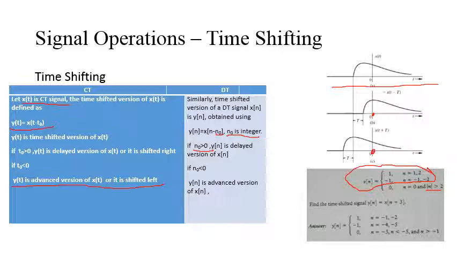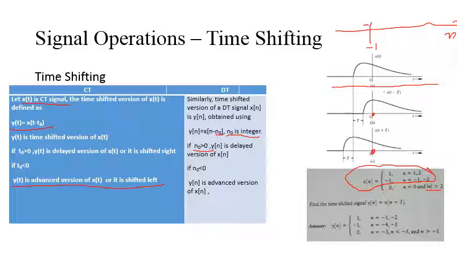it will be something like this. This is the n axis. At n equals -1, the value of the function is also -1, so it has a -1 amplitude.